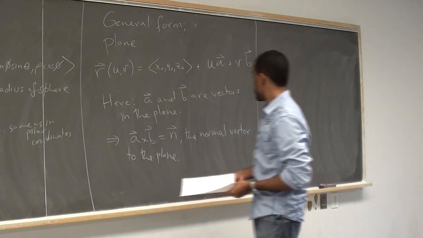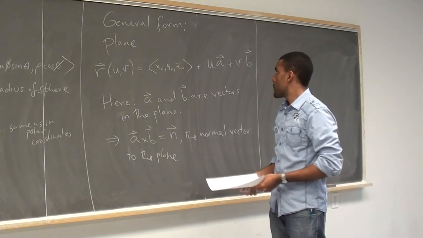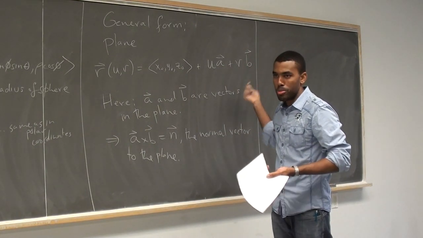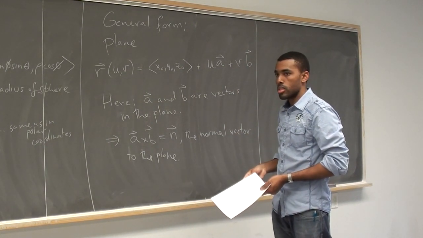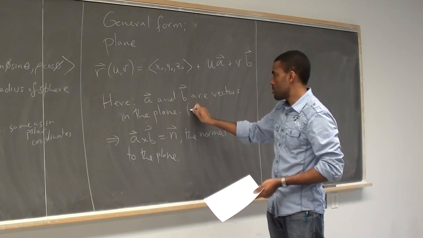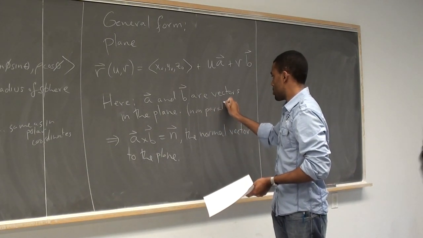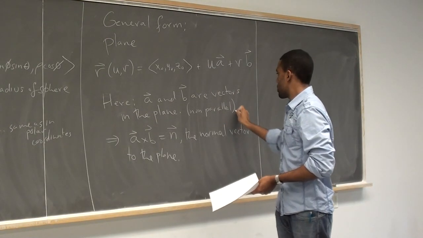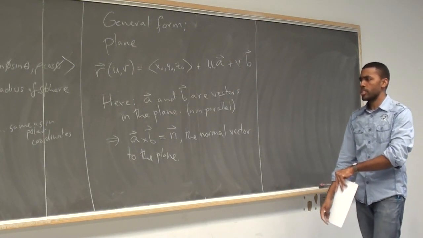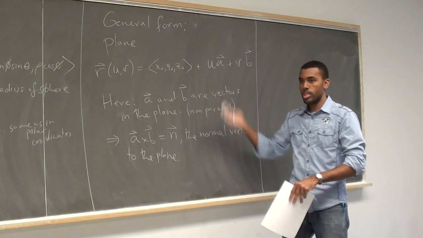A and B don't need to be perpendicular, as long as they're non-parallel. That gives you a plane. So if someone says, parameterize the plane that passes through this point and contains these vectors, write it in this way.